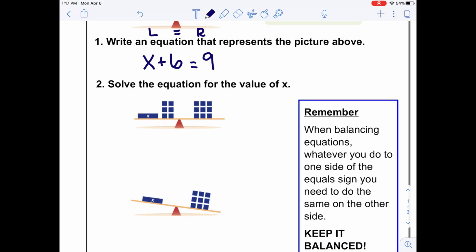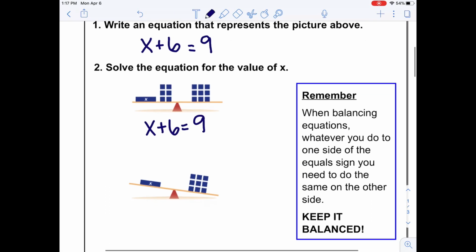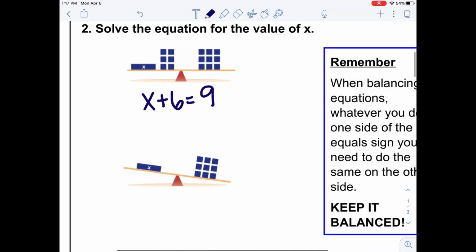All right, so with number 2, when we're solving the equation for the value of x, our first picture is the same picture we had above. It was x plus 6 equals 9. That's what we're starting with. Okay, but if we take a look at our second picture now, there's something that happened. There's some difference from our first picture to our second picture. We want to know what x is all by itself. So if I started with x plus 6 and now I'm just left with x on the left side, my first operation that I see is that I'm adding 6 to x.